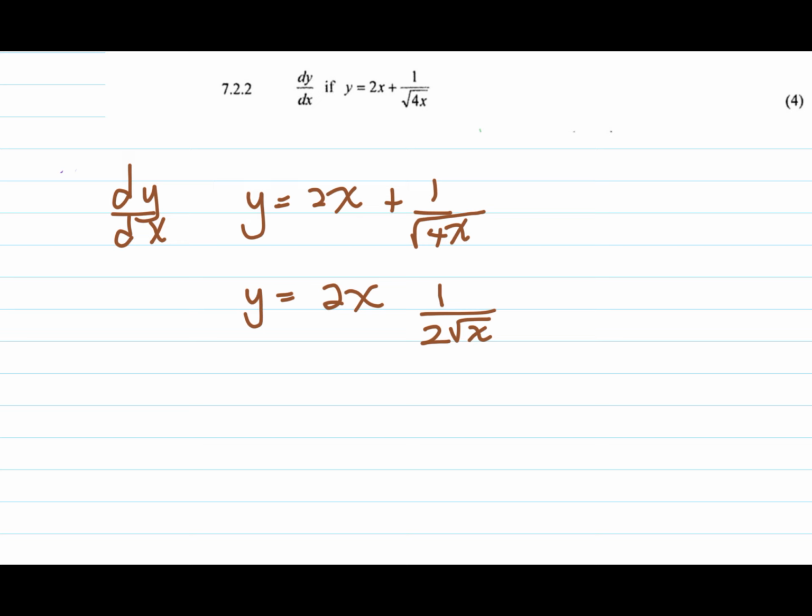Then now we need to move this square root of x to the numerator. So the best thing to do would be to change it, so we have 1 over 2 x to the power 1 over 2.